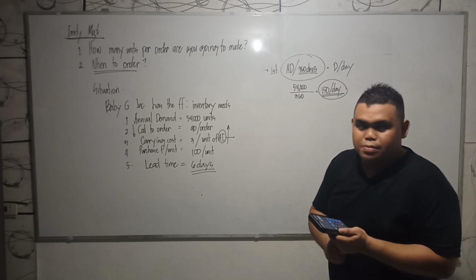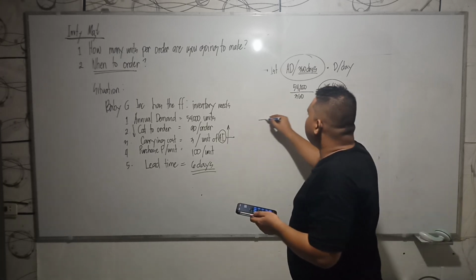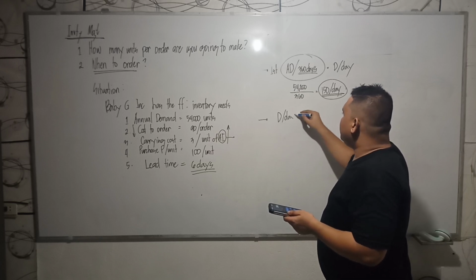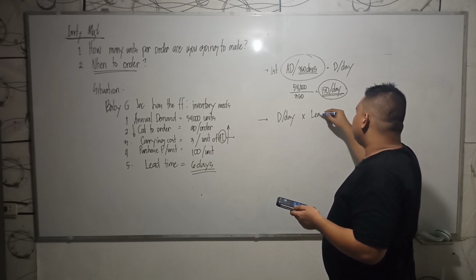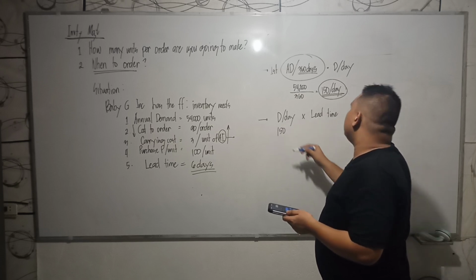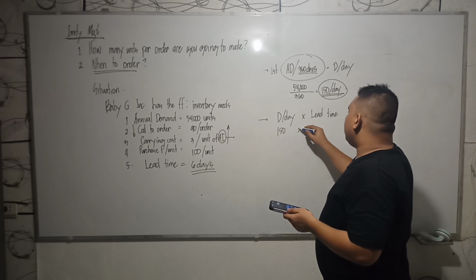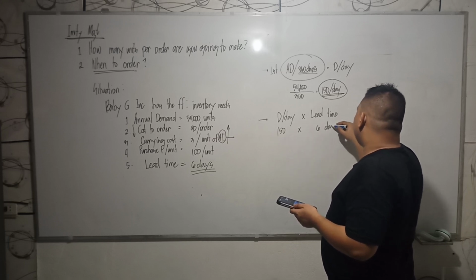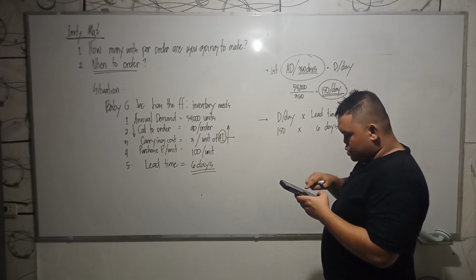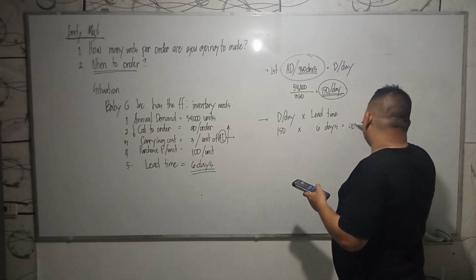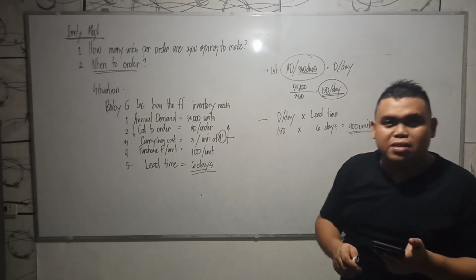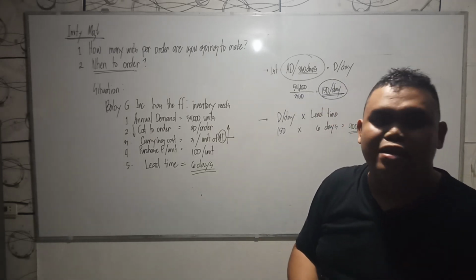Okay? So it means the second one, your demand per day, you have to multiply it with the lead time. So if you are selling 150 per day times 6 days, 150 times 6, 900 units. That means if the inventory level reaches 900, you have to order already.